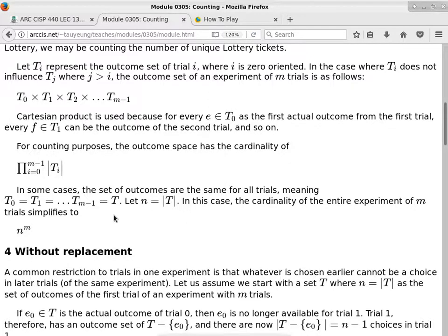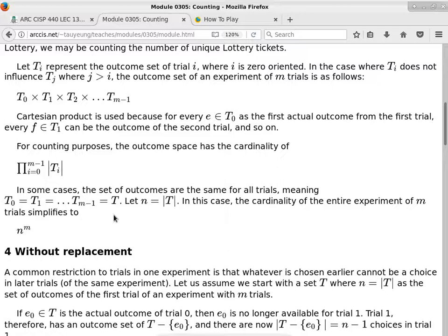But we can also string or connect trials into experiments. An experiment is basically a series or sequence of trials. Then you have to look into the trials, and the first thing you need to determine is, does one trial affect the next trial or the subsequent trials?